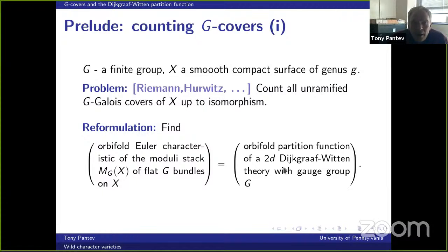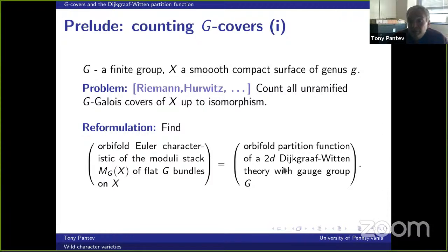So the moduli of flat G bundles on X, it's really a finite set. But that finite set is a stack because flat G bundles on X, or G-Galois covers of X, they have automorphisms. So what I really want to count is the orbifold Euler characteristic of that set.